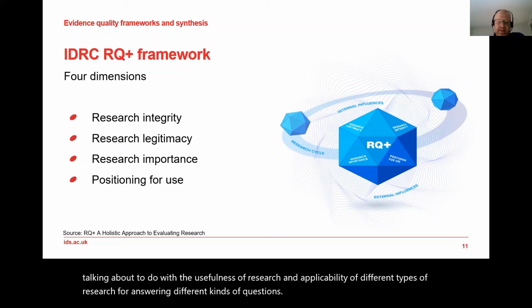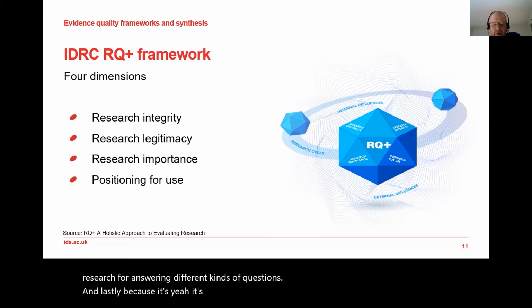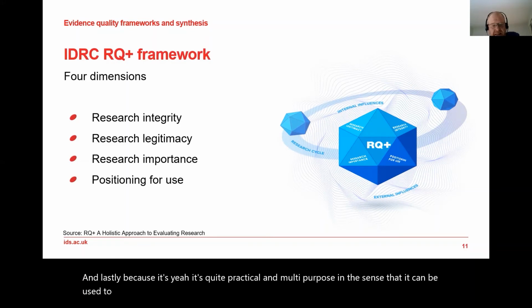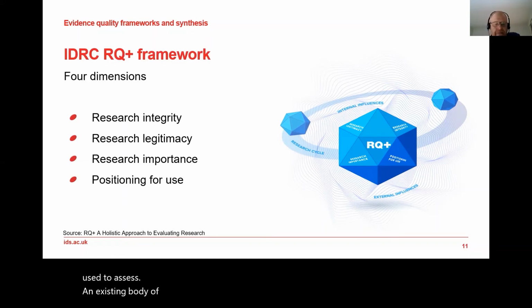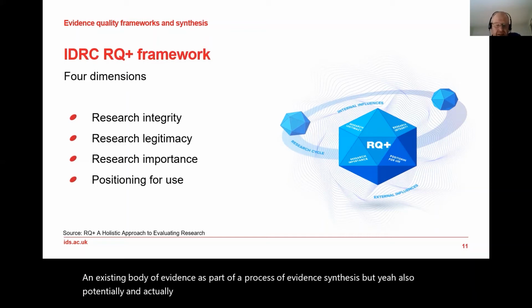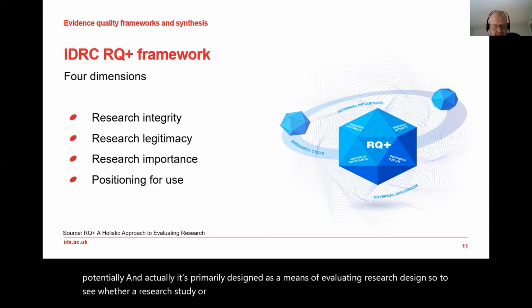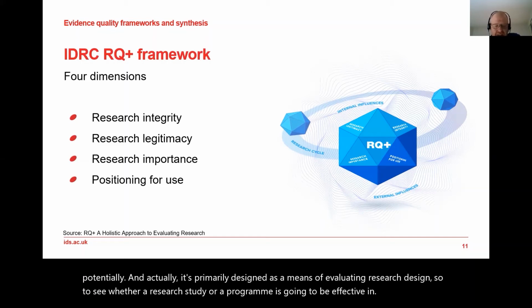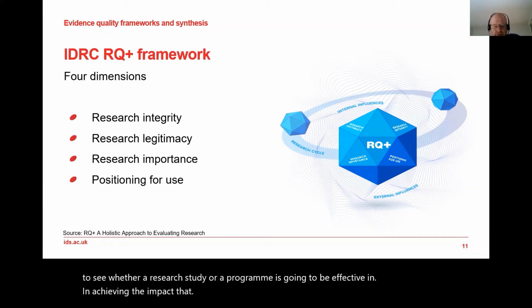And lastly, because it's quite practical and multi-purpose in the sense that it can be used to assess an existing body of evidence as part of a process of evidence synthesis, but also potentially, and actually it's primarily designed as a means of evaluating research design, so to see whether a research study or a program is going to be effective in achieving the impact that you're looking for.